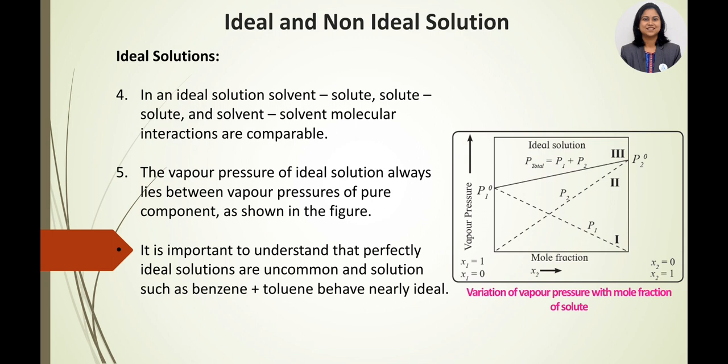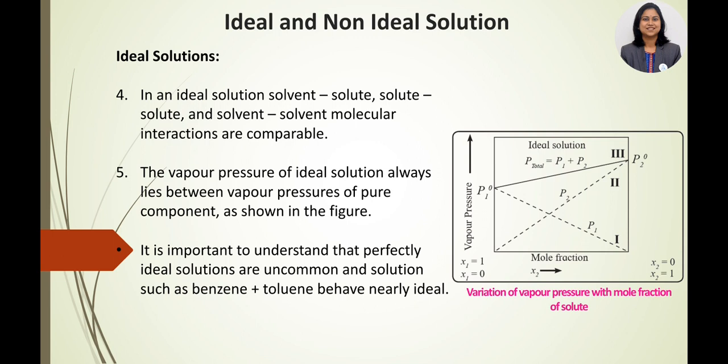On the x-axis you can see mole fraction, on the y-axis you can see vapor pressure, and the values for x1 and x2 are given, where x1 and x2 are the mole fractions in the ideal solution. So P total is equal to P1 plus P2.